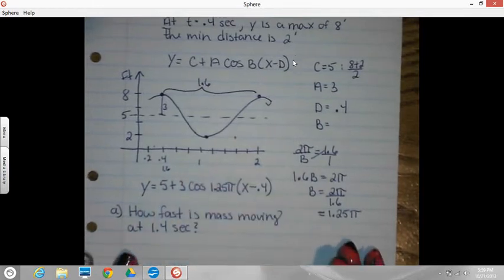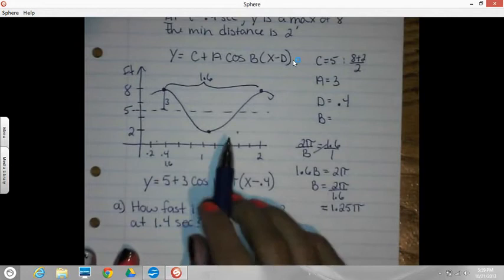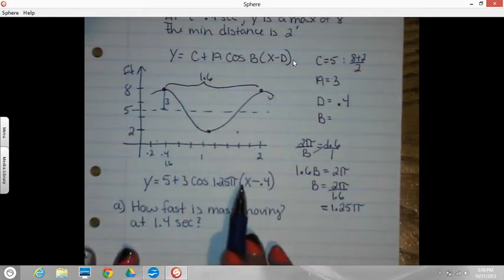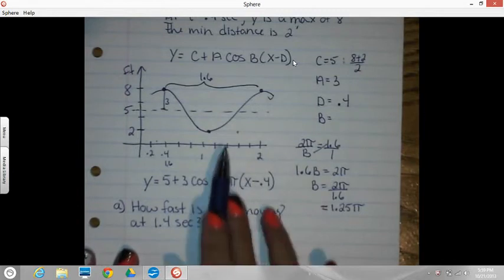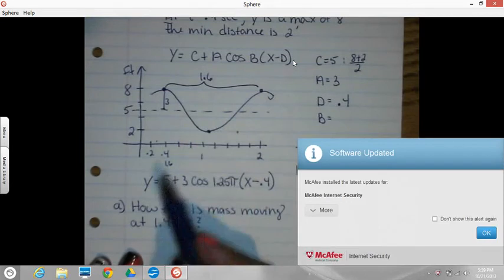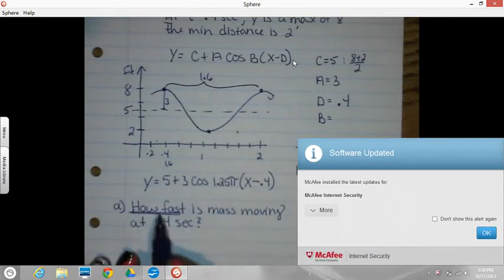Okay, remember, this is a distance time graph. If I was to put 1.4 into this equation, that's just going to tell me how far away from the ceiling it is. It's not going to tell me how fast it is. So when you see how fast, that's a rate of change, you know that's velocity, and velocity is the derivative of distance.